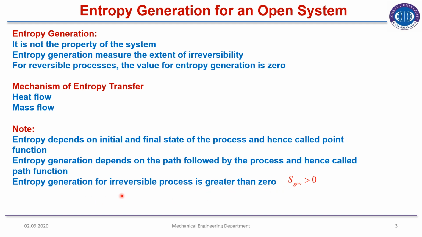Because entropy generation is a term for irreversible processes, the value of entropy generation is always greater than 0. And entropy generation for a reversible process is equal to 0, because there is no irreversibility present in a reversible process, therefore the entropy generation term is 0 for a reversible process.